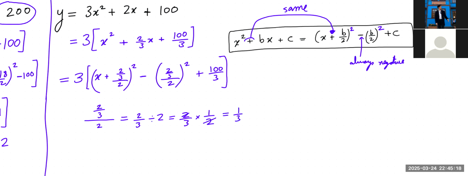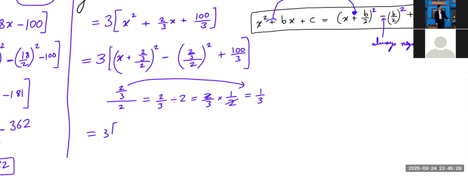But don't be fancy. Save time. So this is 1 over 3, and this is 1 over 3. Let's rewrite it. We end up with x plus 1 over 3 squared minus 1 over 3 squared, which is just 1 over 9. And then over here we have 100 over 3.